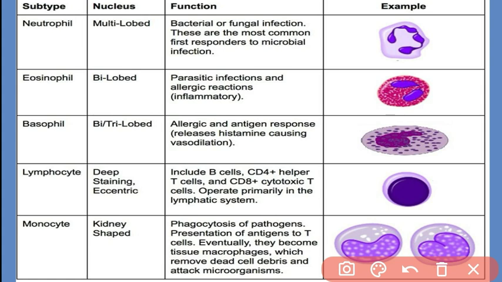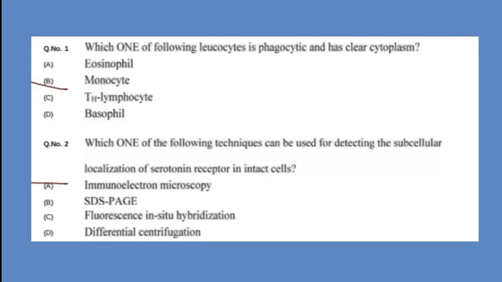Monocytes are kidney-shaped cells that carry out phagocytosis of pathogens and present antigen to T cells. Eventually they become tissue macrophages, which remove dead debris and attack microorganisms. So the answer to this question is monocyte.